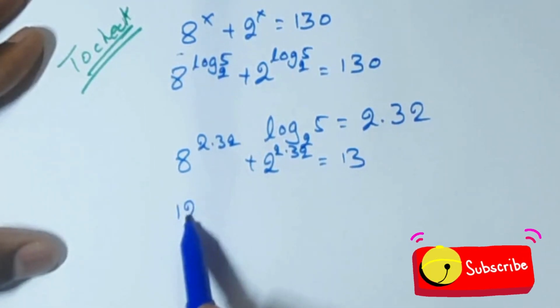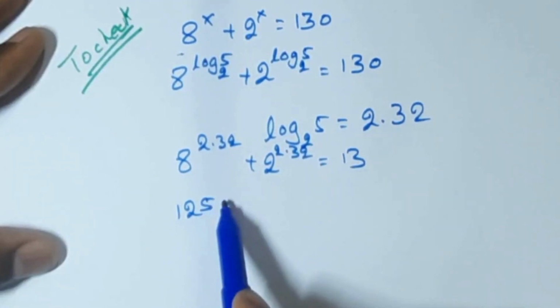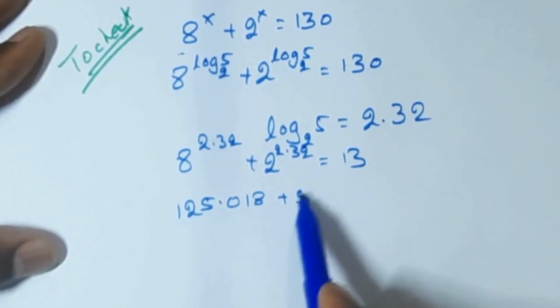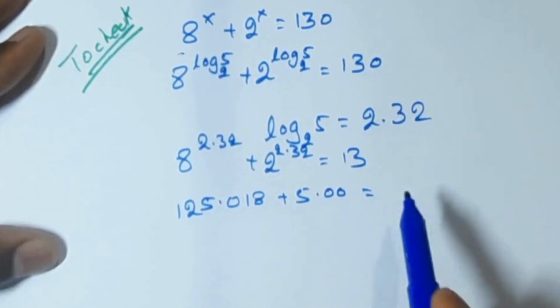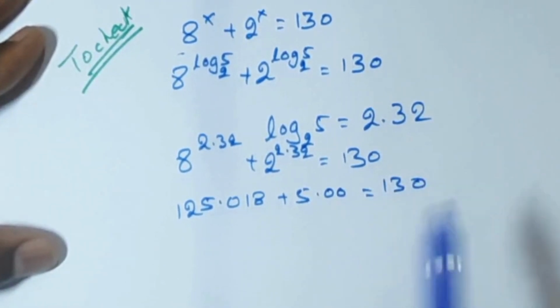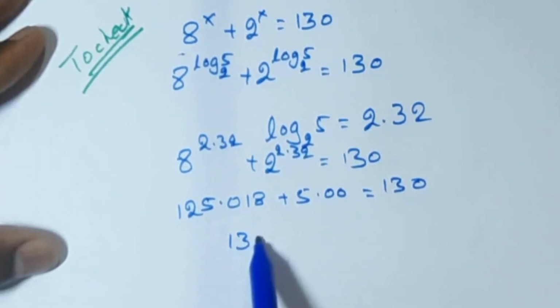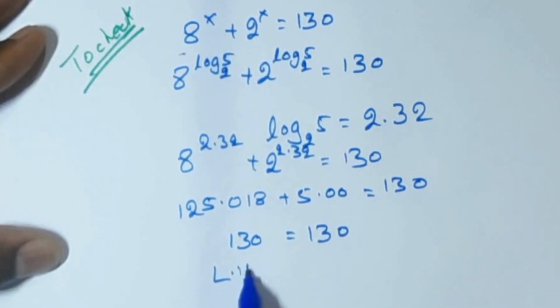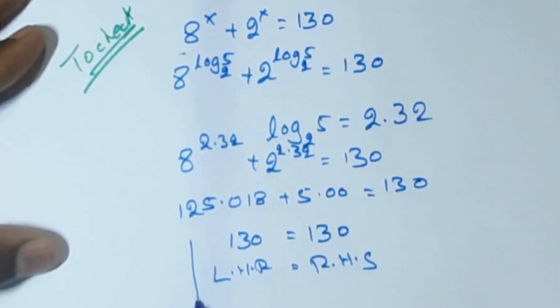Now this value is 125.018 plus 5.00 equal to 130. Now 130 equal to 130. LHS equal to RHS. Let's prove.